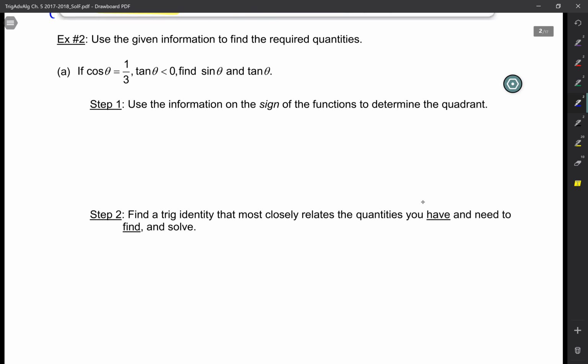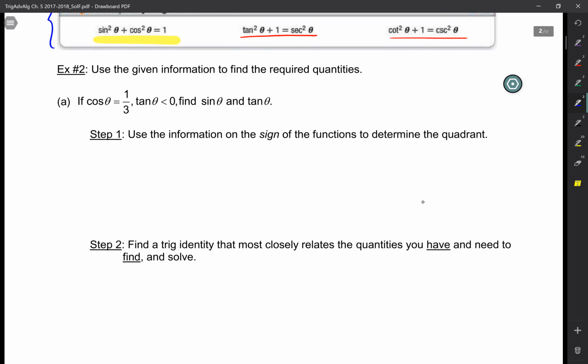So let's take a look at this one. Cosine of theta is 1 over 3, and it says tangent is less than 0. Find sine and tangent. We're given two pieces of information here.